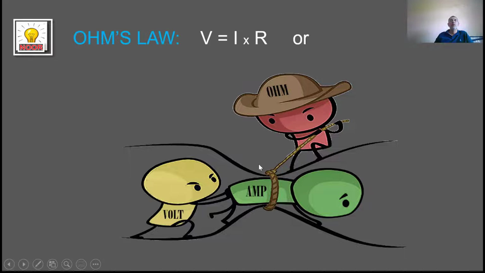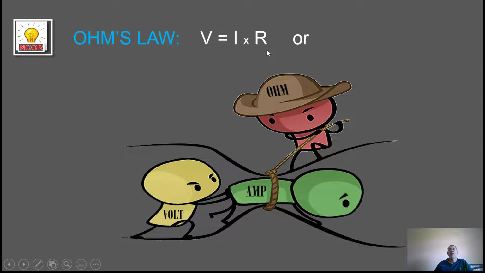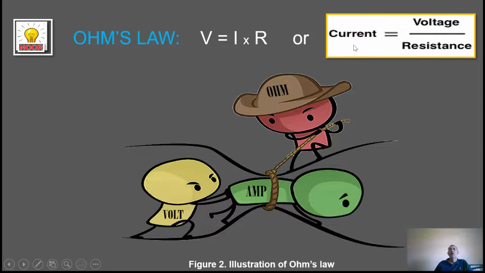Ohm's law gives you the formula V, voltage, equals I, ampere, times R, which is ohm. If you want to calculate I, it's voltage divided by resistance. And if you want to calculate resistance, it's V divided by I.